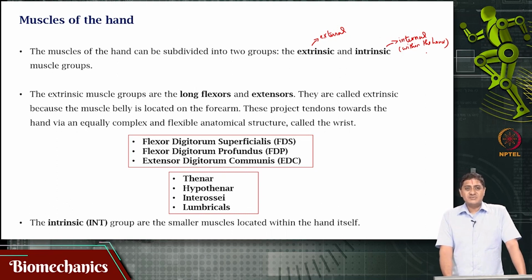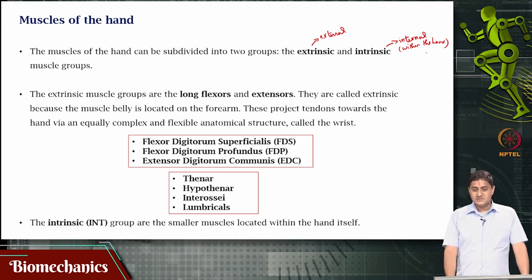These extrinsic muscles are those long flexors and extensors, right. Why are they called extrinsic? Because their belly is located in the forearm. But if their bellies are located in the forearm, how are they transmitting force to the fingers?